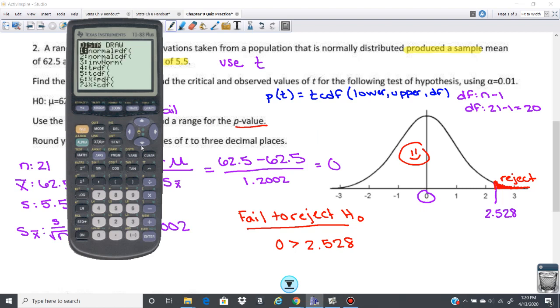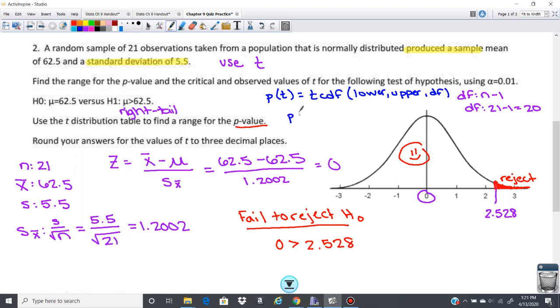So second bars, TCDF should be number 5 there. 0, then our upper limit, we're going to make 99, and then the degrees of freedom is, we found, 20 before. So we get 0.5. Okay, so the p-value is 0.5. We compare that to the significance level, which is 0.01. We say 0.5 is greater than 0.01. When p is greater than alpha, we fail to reject.